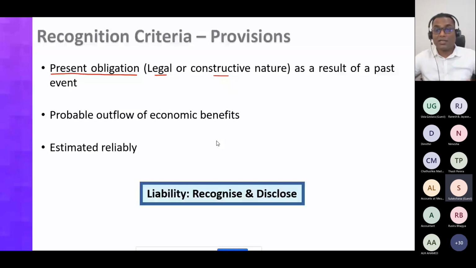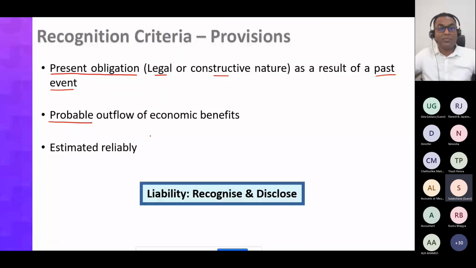So as a result of a past event, and in this case, what is the past event? That particular customer has filed a case against you. There's a past event and it's a legal obligation, right? Then the second condition of making a provision is outflow of economic benefits are probable. What do you mean by probable?